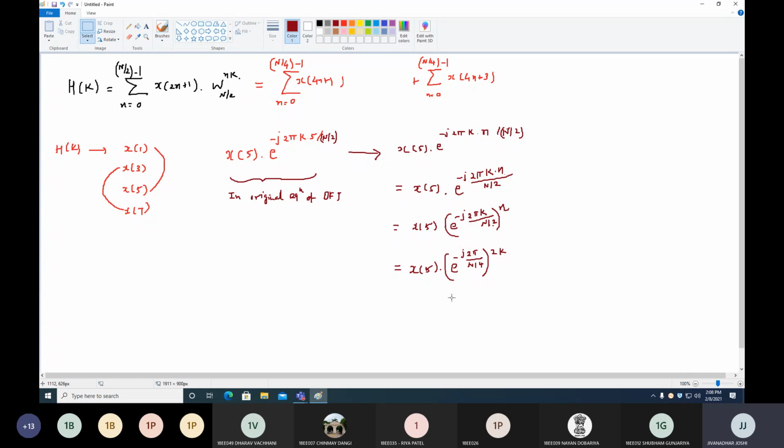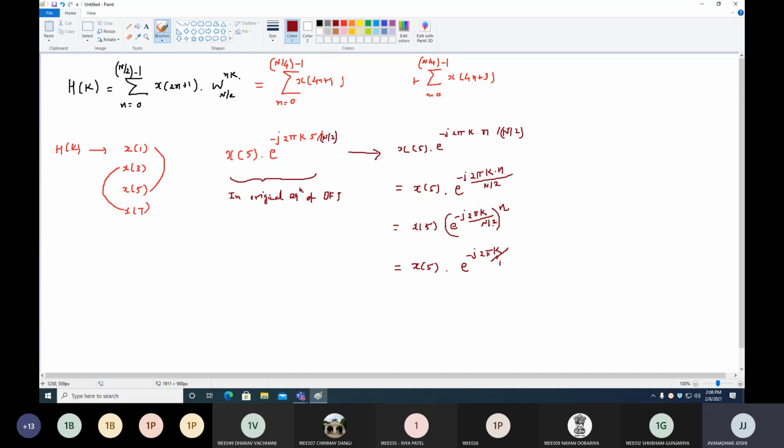Now this is fine. So again I have x of phi into e raised to minus j 2 pi k. n by 2 is how much? 8 by 2 is 4.